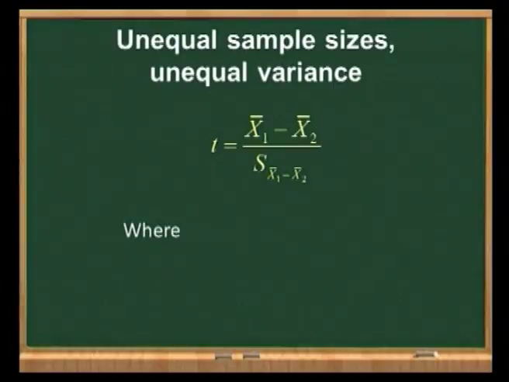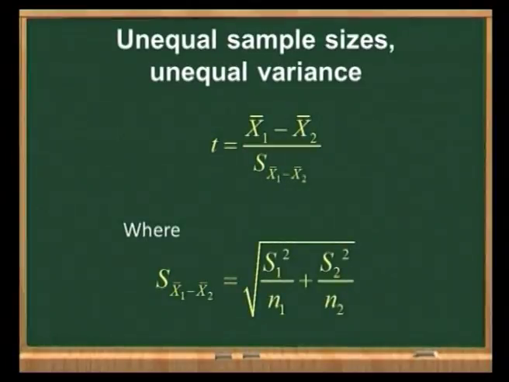T is equal to x1 bar minus x2 bar divided by S x1 bar minus x2 bar, where S x1 bar minus x2 bar is equal to the root of S1 squared divided by n1 plus S2 squared divided by n2, where S squared is the unbiased estimator of the variance of the two samples.